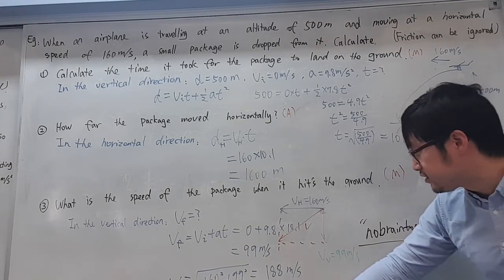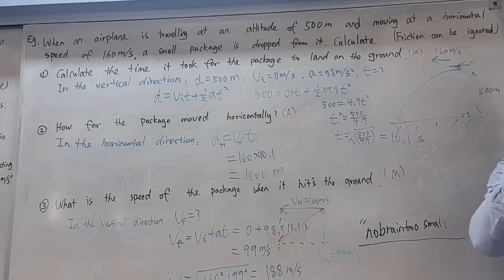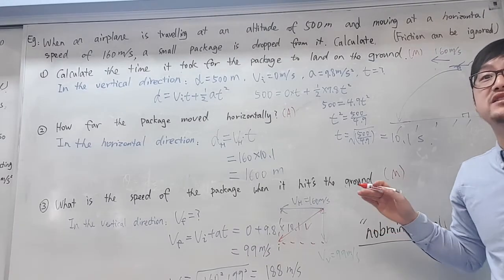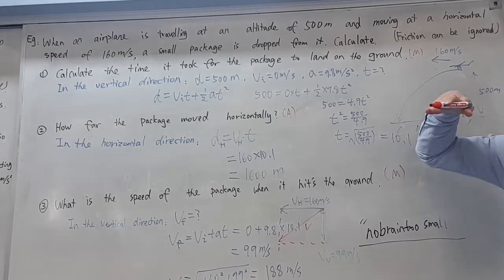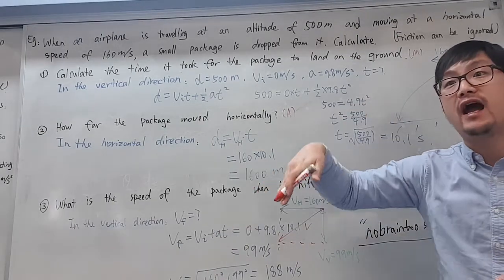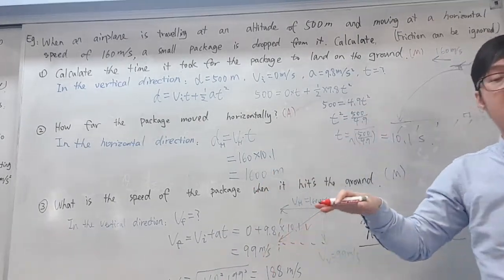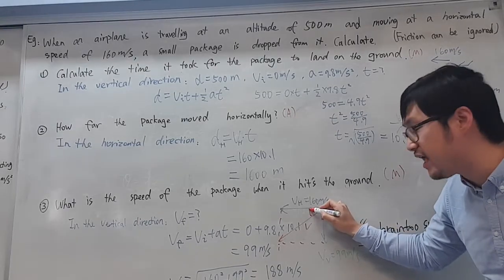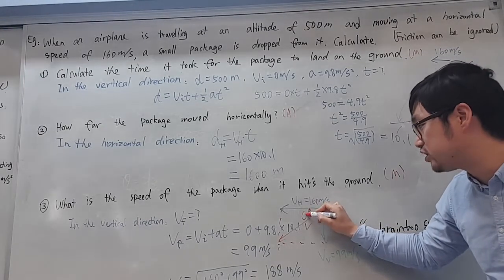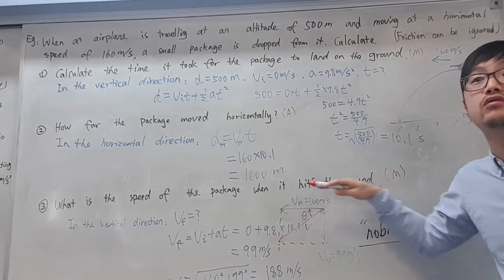Okay, so now, sometimes they might even ask you something a little bit more difficult. They might also add another question, say what is the angle the package is going to hit the ground, okay? If they ask you the angle it hits the ground, normally they will be asking you this angle, because this is the angle towards the horizontal direction.